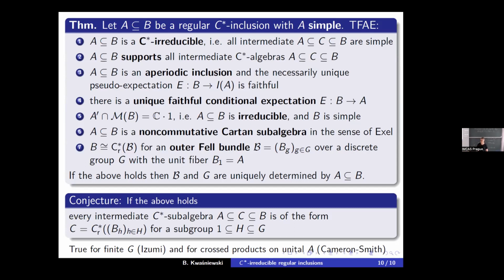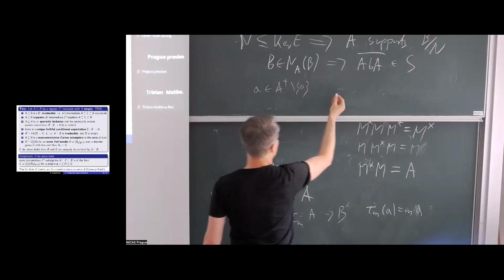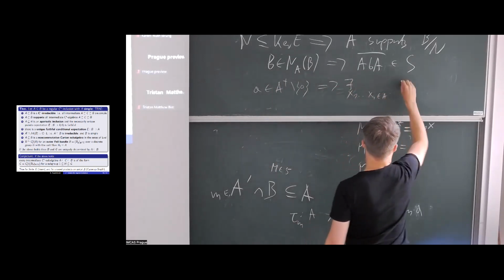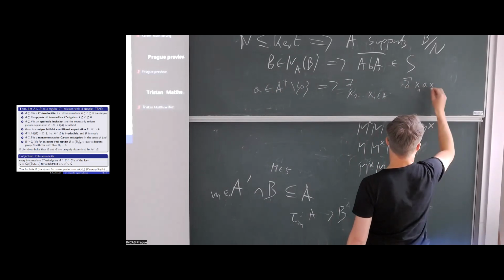I think it's plausible to extend the result to the non-unital case. But when you look at the proof, which is kind of involved, people coming from the Pimsner–Voiculescu style techniques use unitality a lot. So it is not clear to me. When A is simple and unital, you have this nice property that whenever you have a non-zero positive element, then you may find elements in A such that the sum is bigger than the unit.